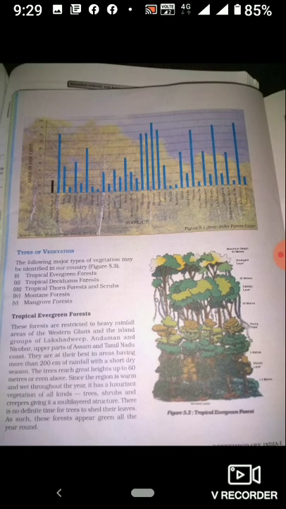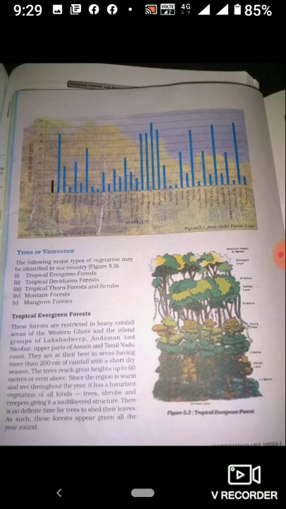So, in natural vegetation, now we discuss in this chapter how many types of vegetation grow in our country. The basic classification of vegetation in our country is tropical evergreen forest, tropical deciduous forest, tropical thorny forest and shrubs, mountain forest, and mangrove forest.